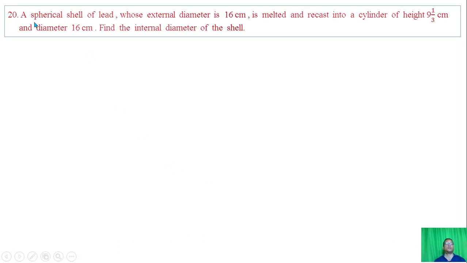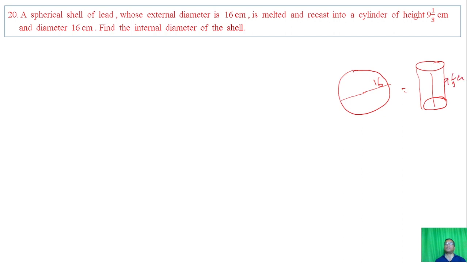Question number 20. A spherical shell of lead whose external diameter is 16 centimeter is recast into a cylinder of the same diameter, 16 centimeter, and height 2 and 2 by 3 centimeter.